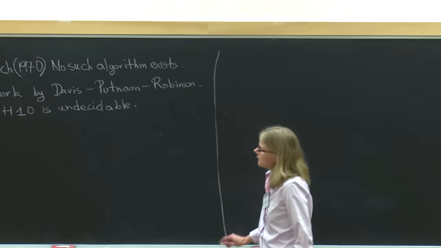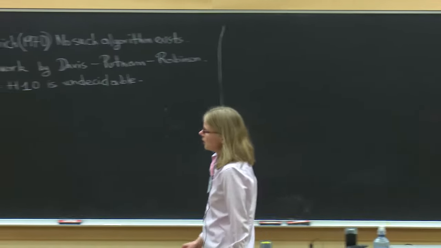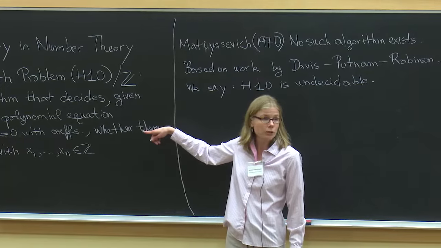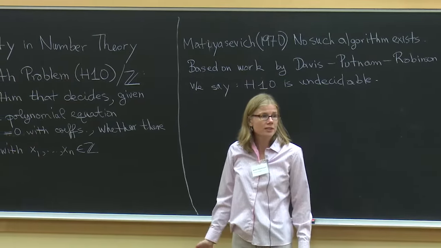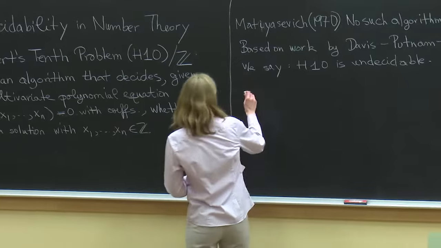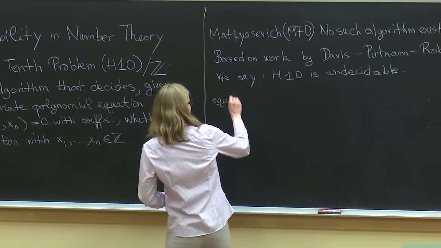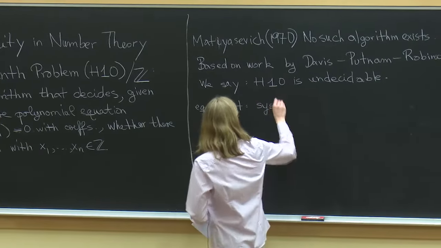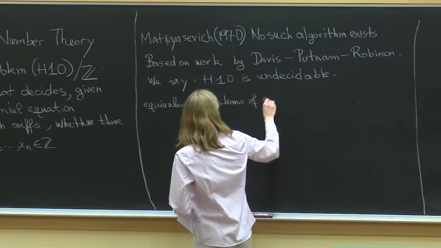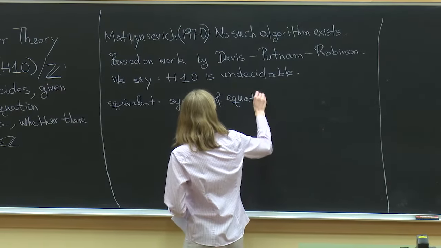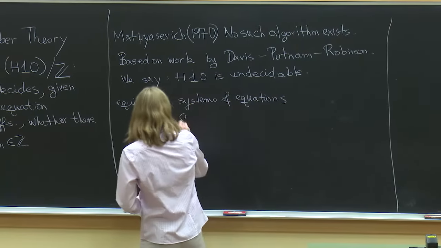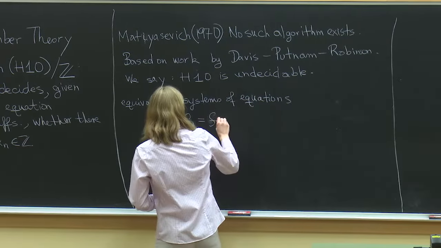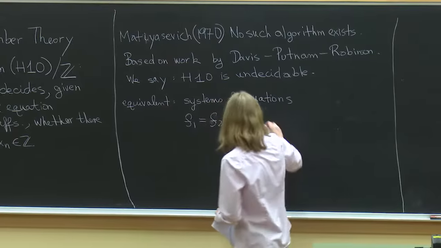Before I do that, let me just point out that even though the original problem is stated with just one polynomial equation, you could also consider systems of equations. Say you have 2 polynomial equations and you want to look for a simultaneous 0 of them.